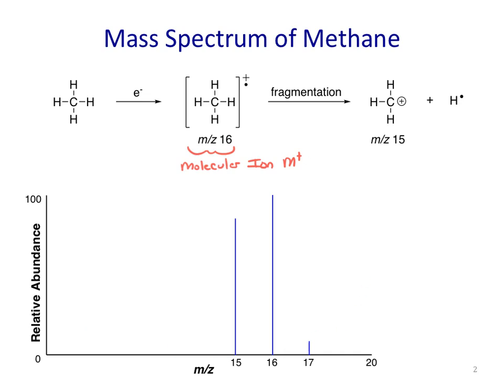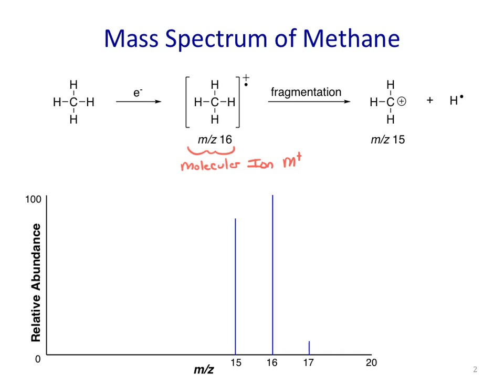On the x-axis is the mass to charge ratio, which tells you about the molecular ion and any fragment ions. The y-axis is just the relative abundance. This is a very simplified mass spec, but what you want to do is look at the group of peaks farthest to the right on the spectrum. In most cases, the tallest peak in this group is going to be your molecular ion, M+.